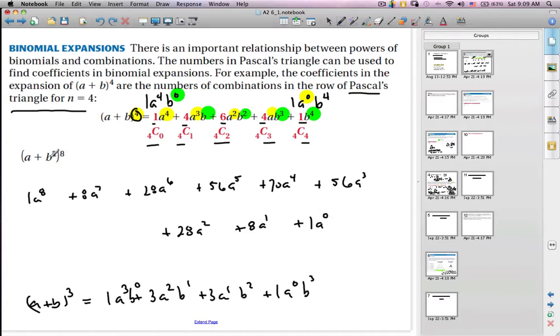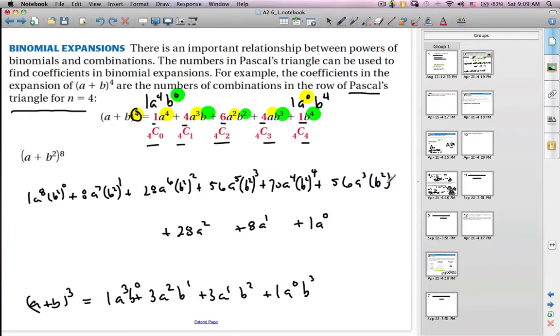Now I'm going to start with B squared to the 0 power and ascend. So I'll have B squared to the 0 power. I'll have B squared to the 1st. I'll have B squared squared. I'll have B squared cubed. I'll have B squared to the 4th.